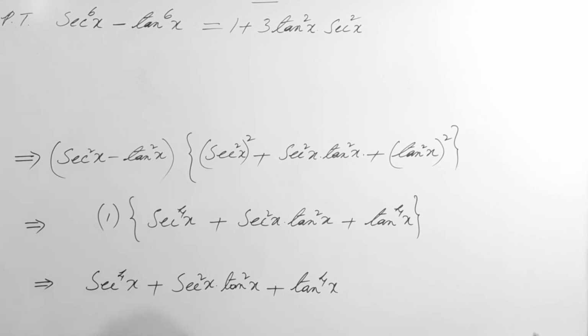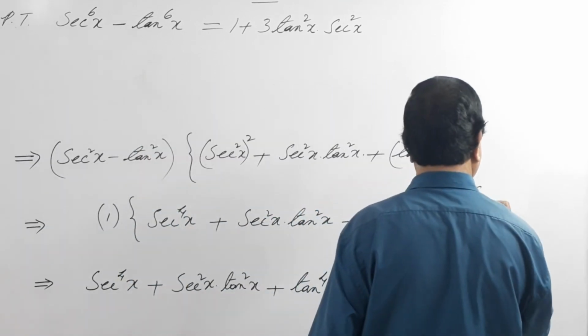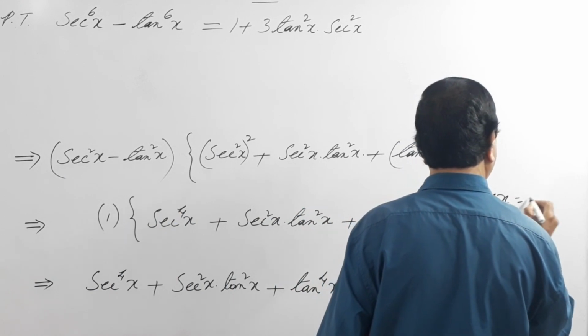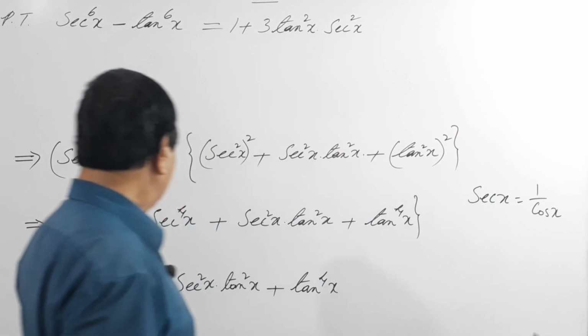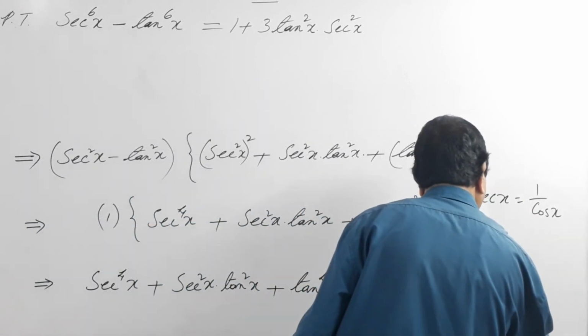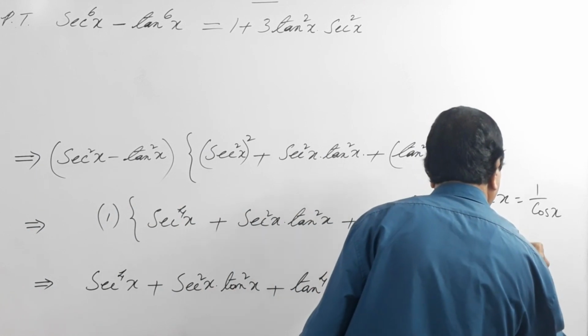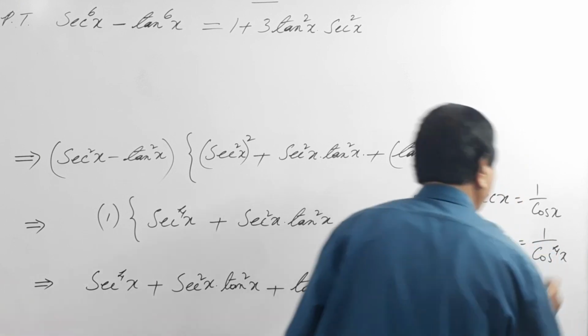So what I'll do, I'll try to bring it in terms of cos. We know that secant x equals 1 by cos x. So secant to the power of 4x will be 1 by cos to the power of 4x.